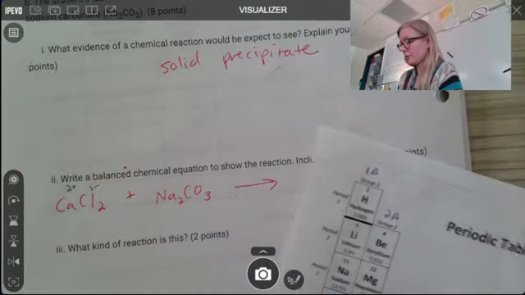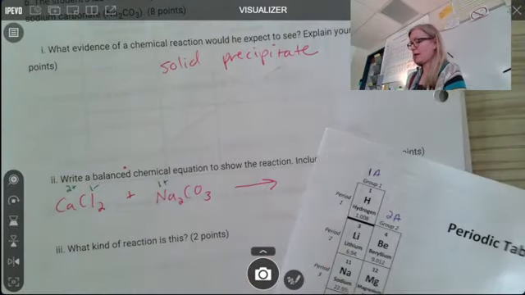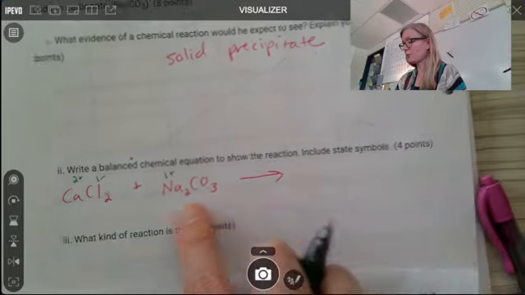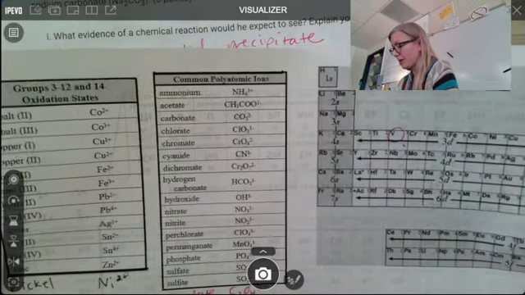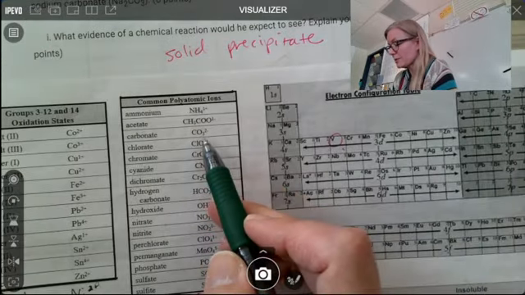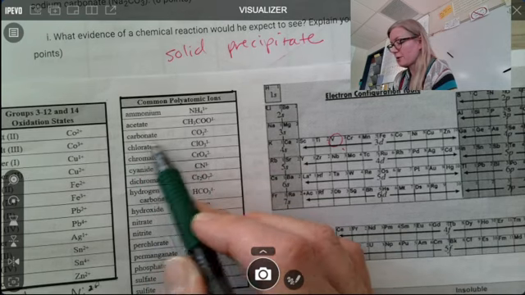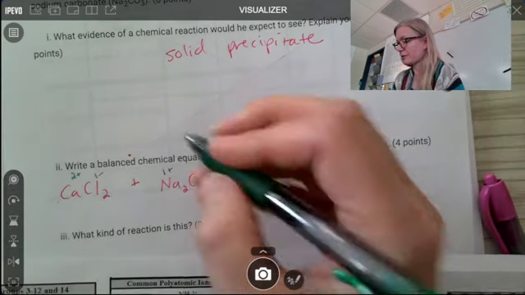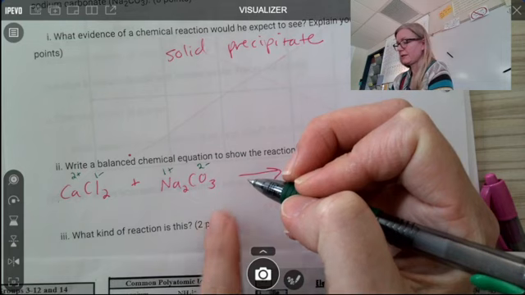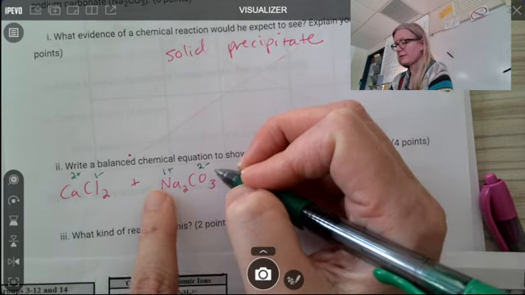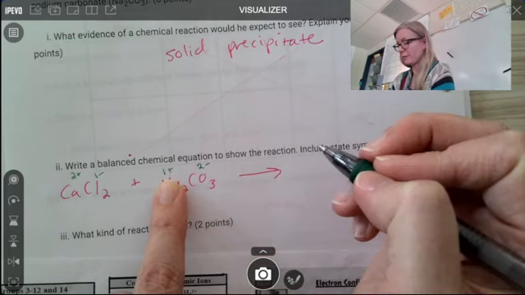Sodium, Na, is 1+, and then the CO3 is a polyatomic ion. The CO3 2- is called carbonate. So we have a carbonate with a charge of 2-, and then 2 sodiums with a charge of 1+.